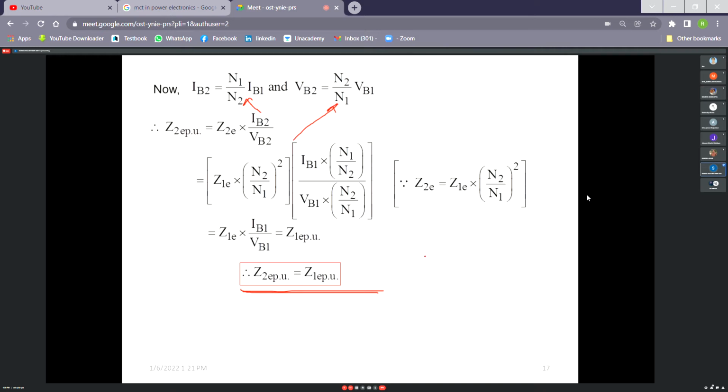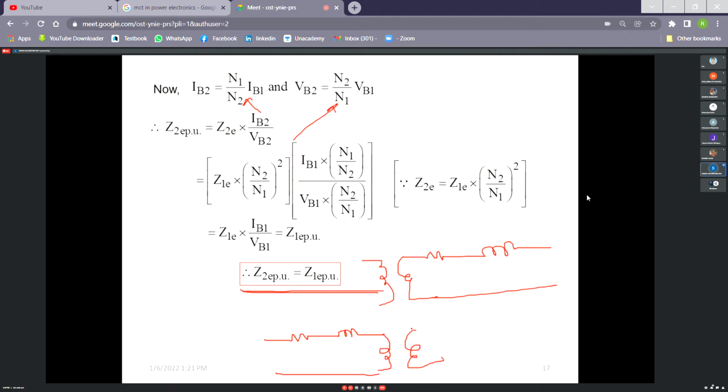There is a transformer equivalent impedance, and whether you refer it to secondary side or to primary side, the values come out the same. So we have no need to bother about which side it belongs to.